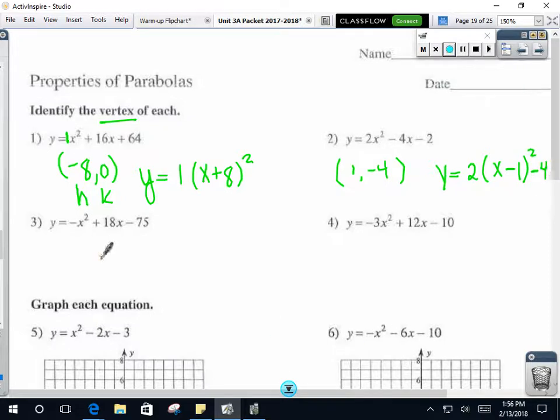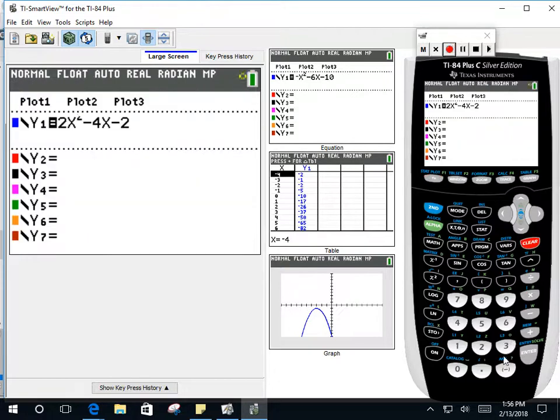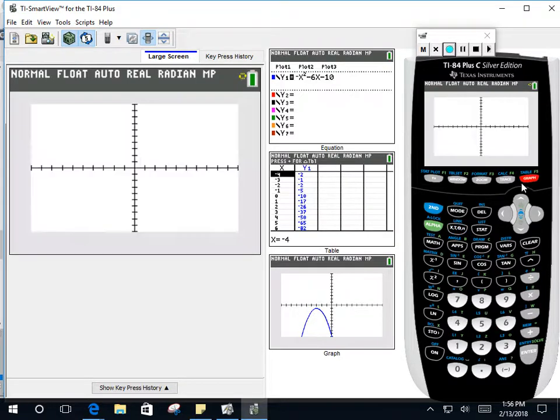All right, number 3. Graph it and find the vertex. Okay, where does the vertex appear to be?